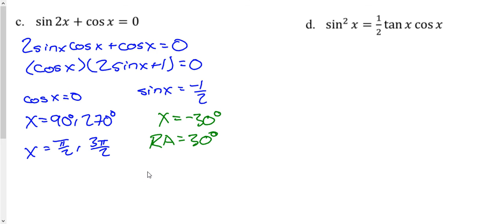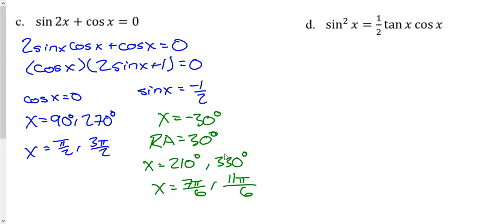In quadrant 3, x is going to equal 210 degrees because we are at 180 plus 30. And then in quadrant 4, it's going to be 360 minus 30, which is 330 degrees. And of course, we want to convert both of these into radians. So now we have x equals 7 pi over 6 and 11 pi over 6.